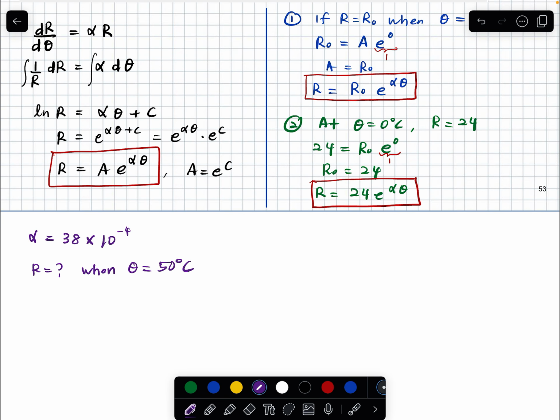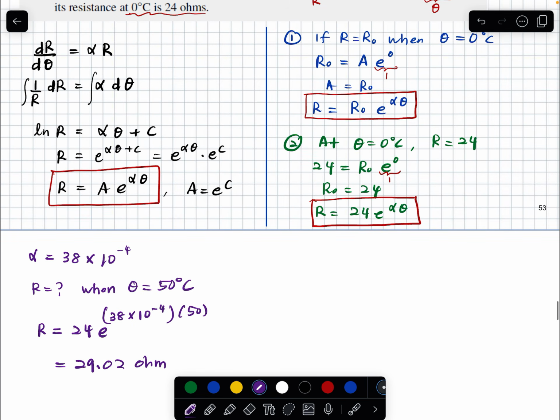So we can just insert into the current formula. R is 24 e, alpha is given as 38 times 10 to the power of minus 4, and theta is given as 50, right? So you can calculate this, and you will get 29.02 ohms. So that is the answer for question 2.